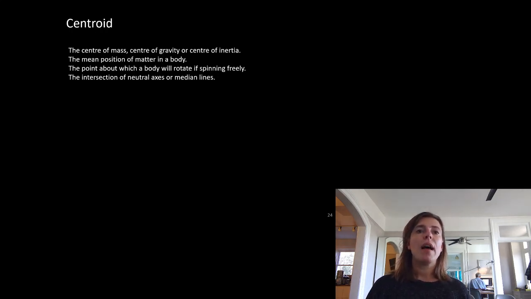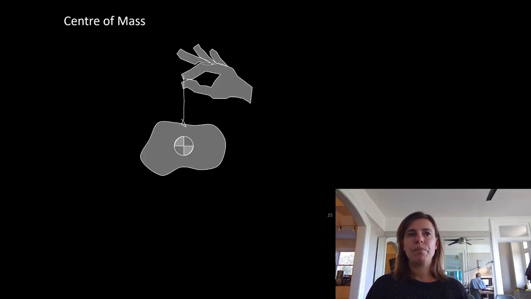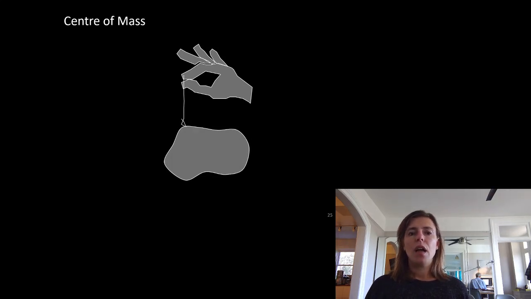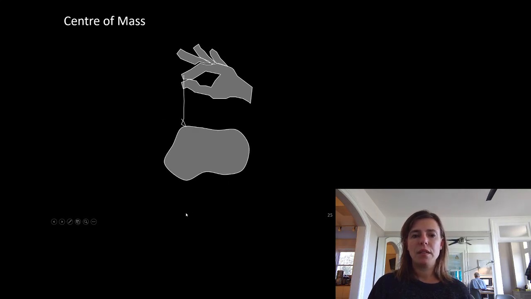You can have all kinds of neutral axes. The meeting point of all of those neutral axes is your centroid. So we often use this image to represent a centroid. If we have this object and we tie the string like that, our neutral axes would be straight through the center of mass.